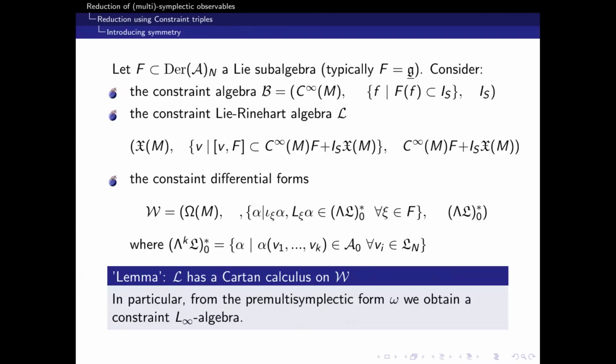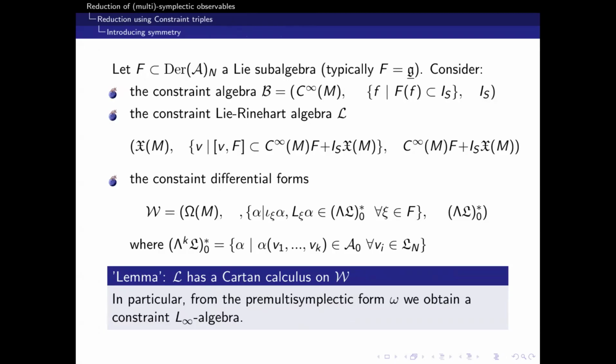Okay. So now we have the algebra, we have the derivations. To build the multisymplectic Lie-infinity algebra, we also need the differential forms. And here what we do is we take the differential forms which are basic.